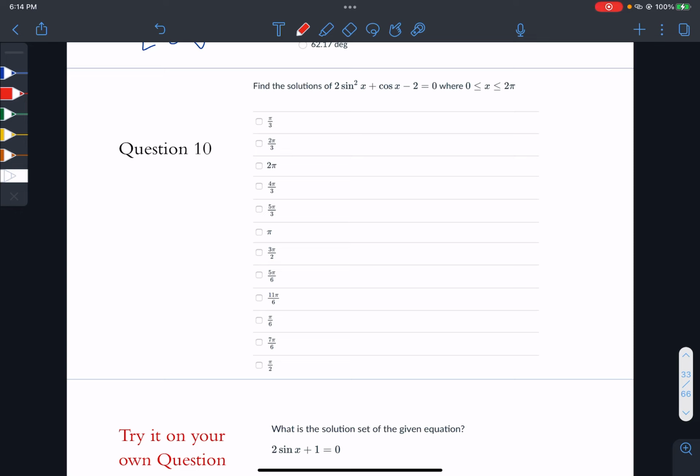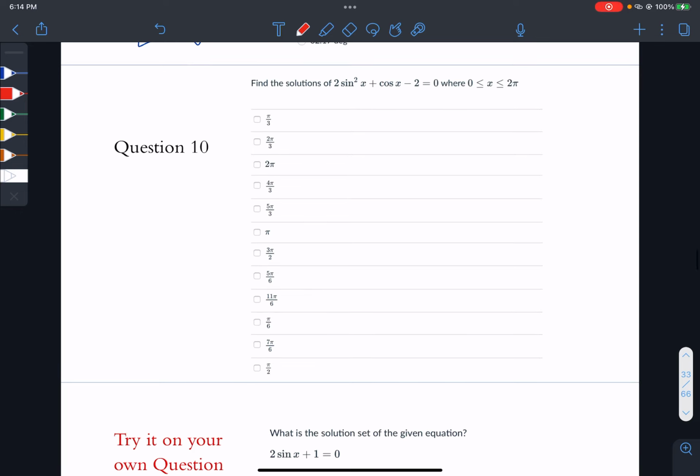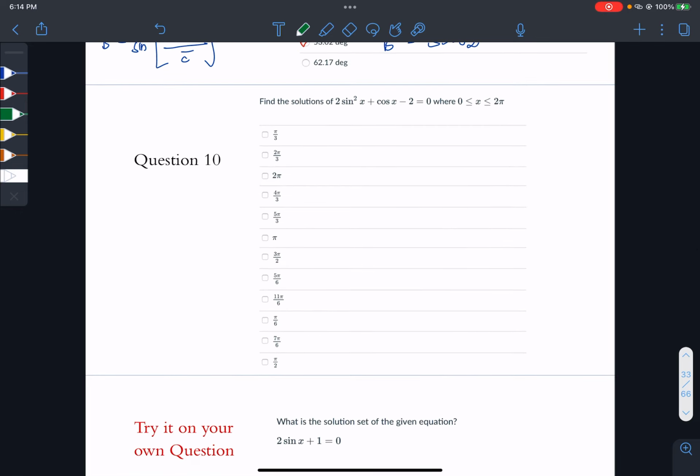Pero ang sine squared, meron tayong identity na pwede nating gamitin. So remember, the Pythagorean identity, sine squared x plus cosine squared x is equal to 1. Therefore, sine squared x is equal to 1 minus cosine squared x.